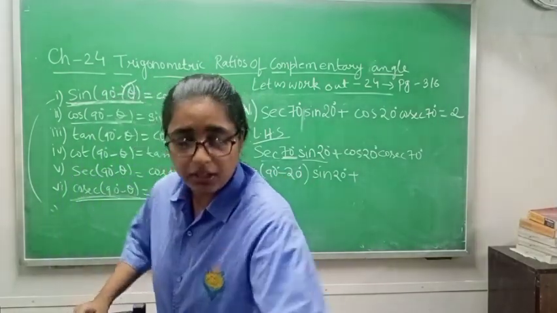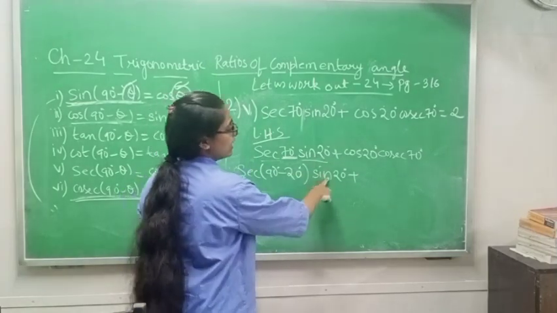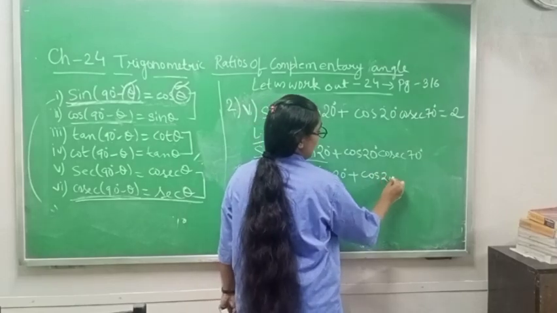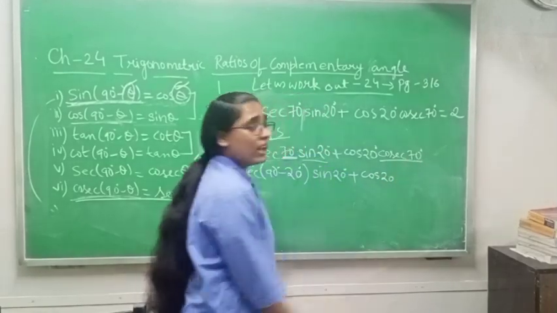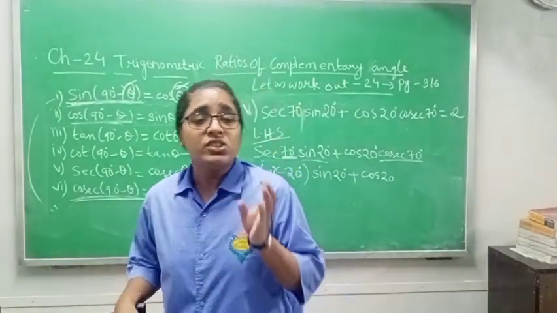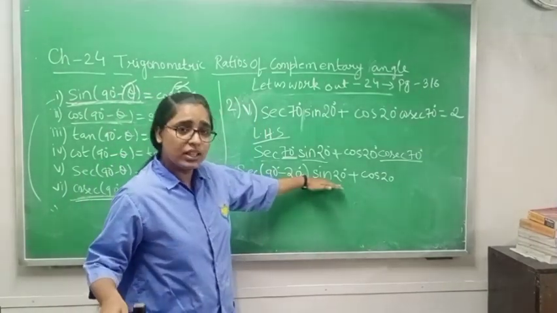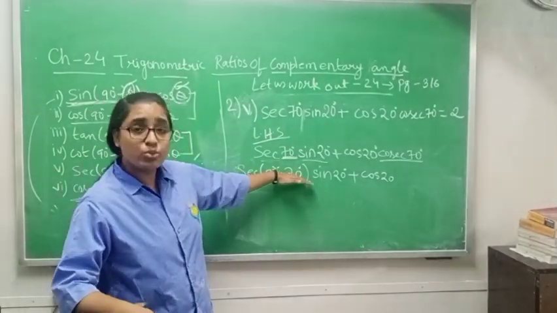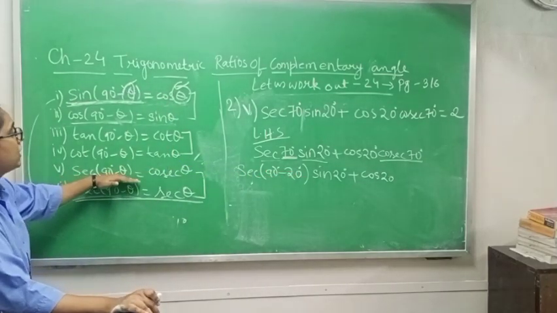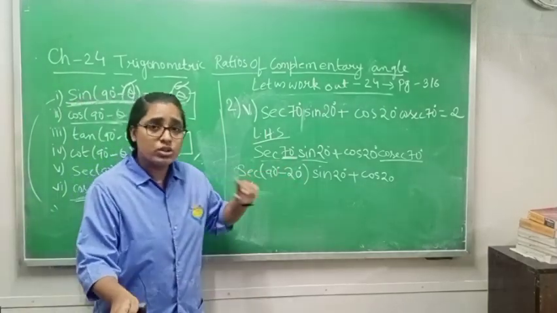Now the same thing you will do in this term also. This one you will write as it is, then you will give a plus sign, and cos 20 I am writing as it is, and I am changing this one. Now you will ask why, and can we change this one also? Of course we can change. But try to make all the angles the same. See here, sin 20 degree is given and sec 90 degree minus 20 degree. If you solve this using the formula sec 90 degree minus theta equals cosec theta, again it will come cosec 20 degree.